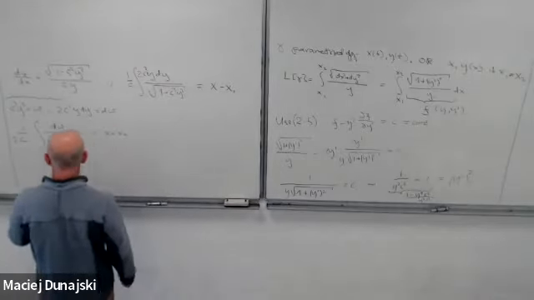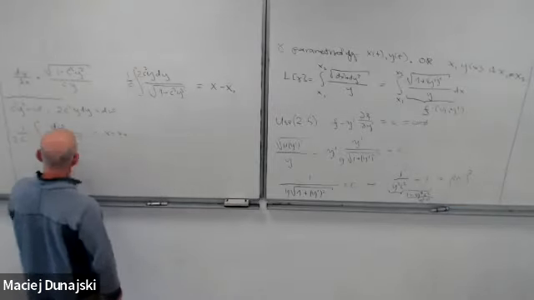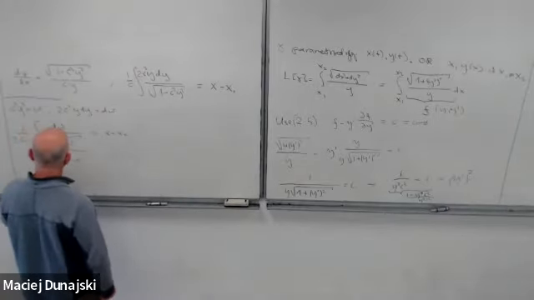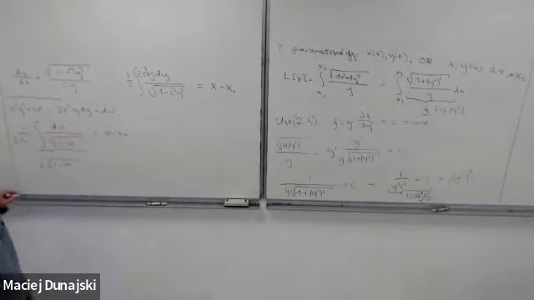Right, but this I can integrate. The integral of this is twice the root of 1 minus w, possibly with the minus sign. Is that correct? Because if I differentiate this, that appears to be correct.